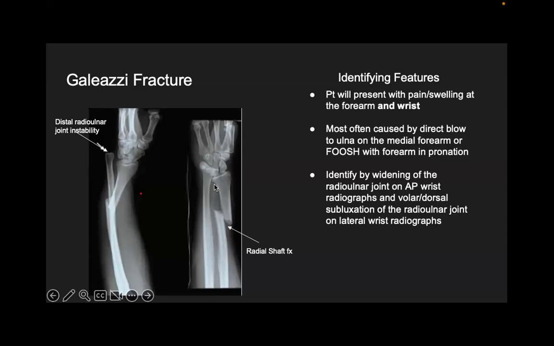And then on the lateral radiograph, you could also see subluxation of the DRUJ. So here you could see it kind of out of place. These are supposed to overlap. And obviously you see the fracture of your radius or radial shaft, and it's completely dislocated out here. Okay. Any questions?